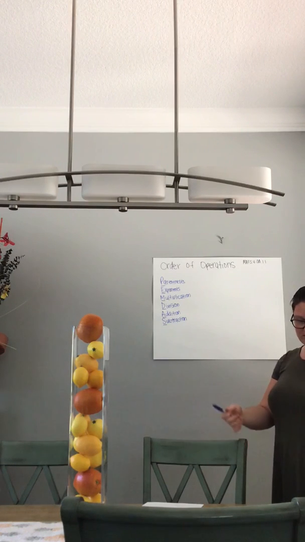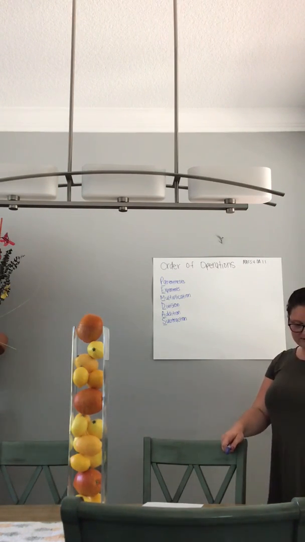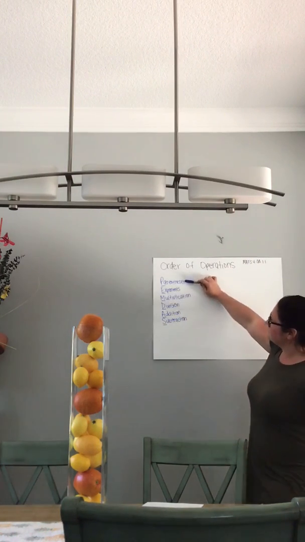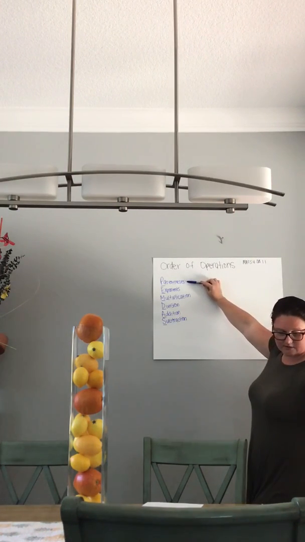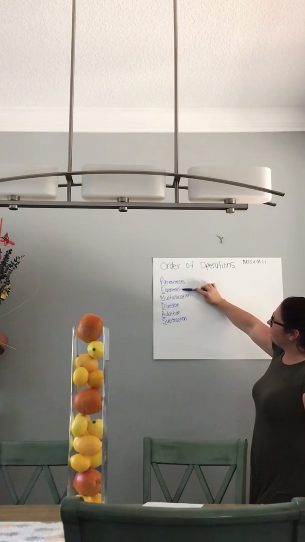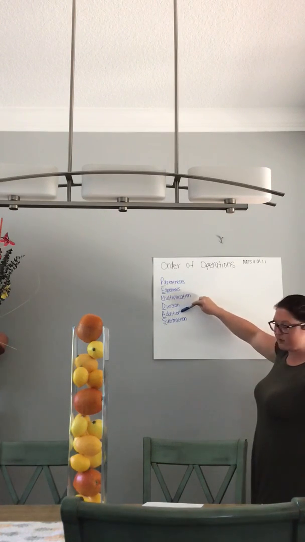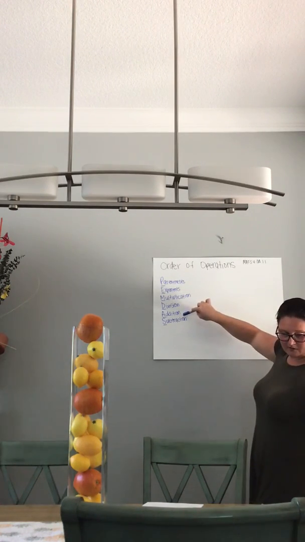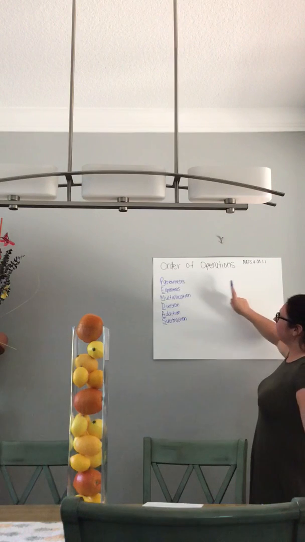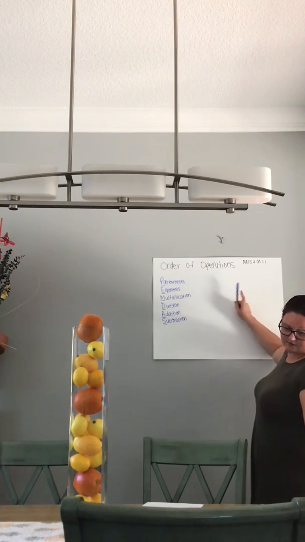If you go out of order, you will get the wrong answer. The rules state that parentheses are solved first, followed by exponents, followed by multiplication or division, then lastly, addition or subtraction. You solve these from left to right, just like you read left to right.